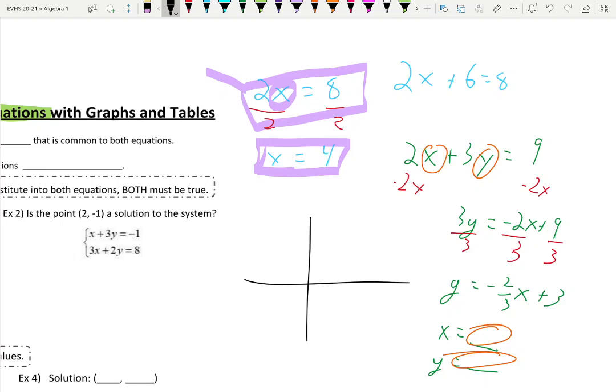And remember how we talked about on a line, every single point that is on that line is a set of points that makes this equation true. So you can't just say it's x equals one number and y equals another number.